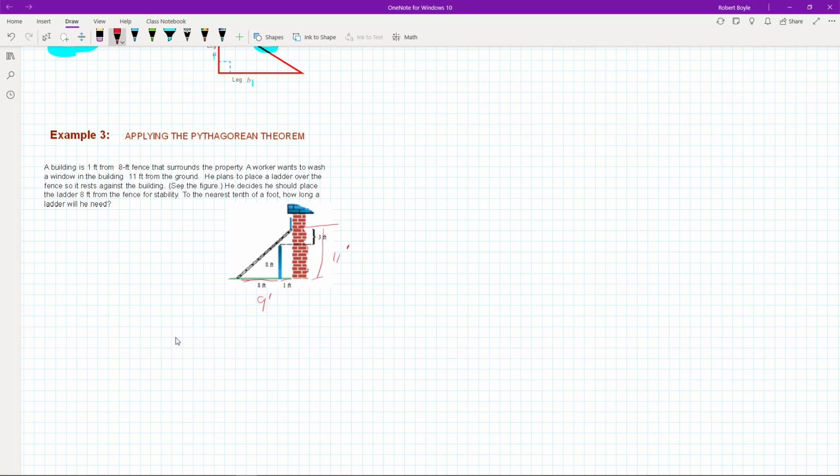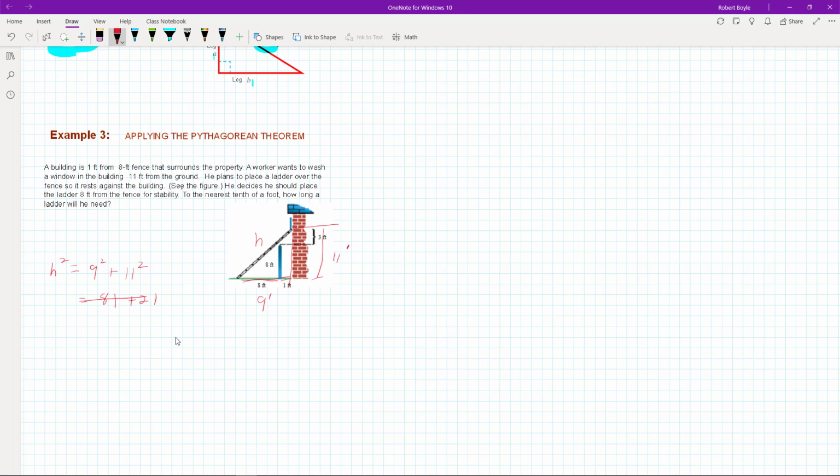Well, notice here, we have ourselves a right triangle. This leg is 9 feet. This leg is 11 feet. We want to know what this is. And let's just go ahead and call it h, since it's the hypotenuse. So using the Pythagorean theorem, we know that h squared is going to be equal to 9 squared plus 11 squared. 9 squared is 81. 11 squared is 121.